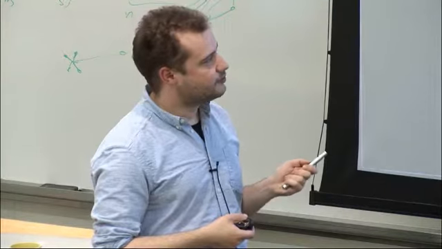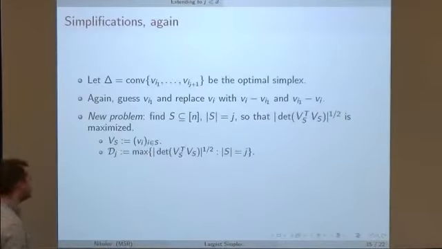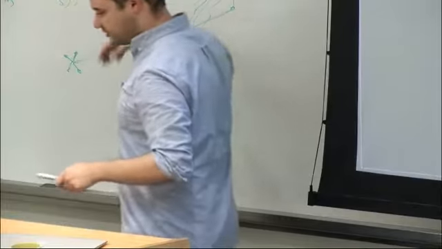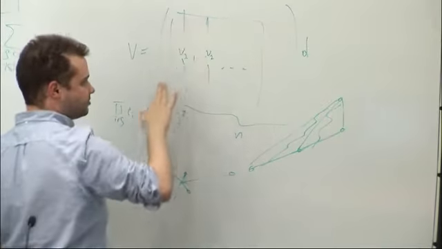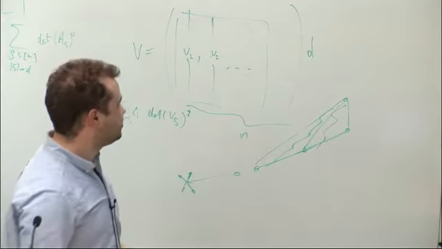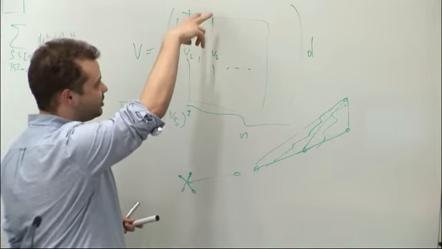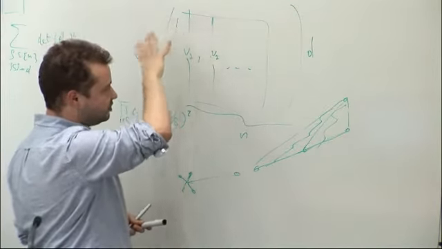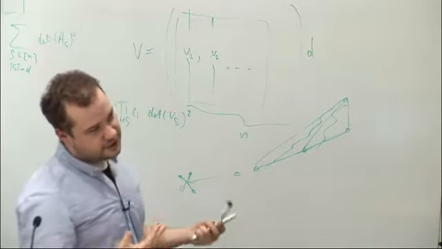And again, you can transform this to a determinant problem. We have this matrix again, but now the problem is to find a D times J submatrix that has the largest determinant.